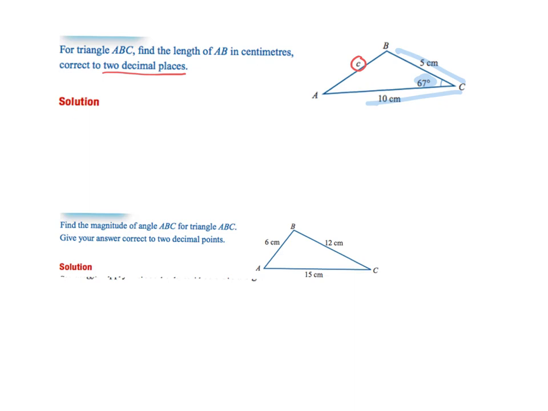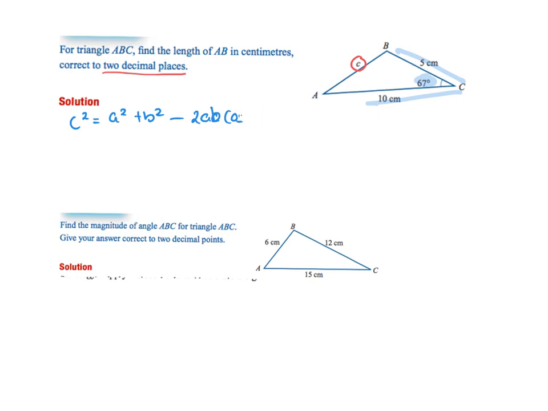If you look back on the other page, it said c squared equals a squared plus b squared minus 2ab cos C. Oh my god, I wrote cos twice.